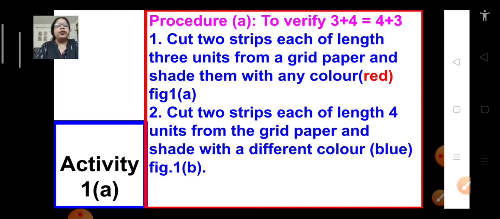In the first step, you write: cut 2 strips each of length 3 units from a grid paper and shade them with any color, for example red, as shown in figure 1a. Now, second step: cut 2 strips each of length 4 units from the grid paper and shade them with a different color, say blue, as shown in figure 1b.